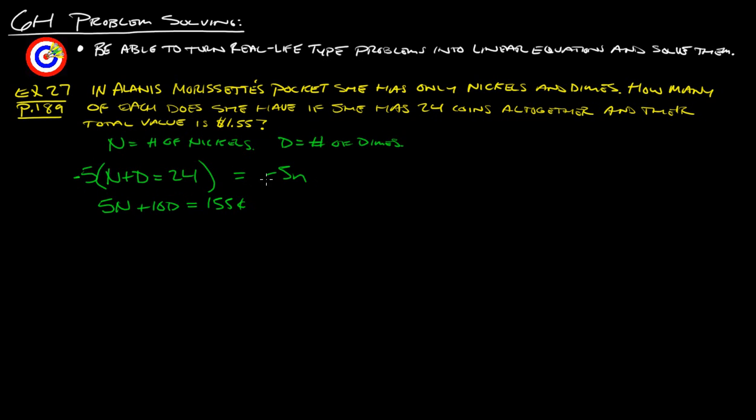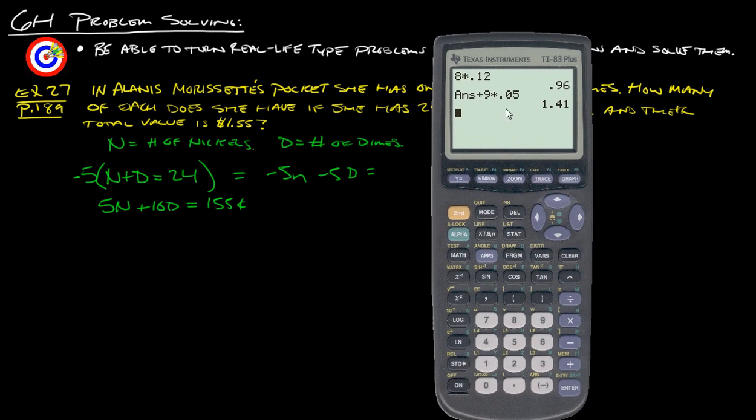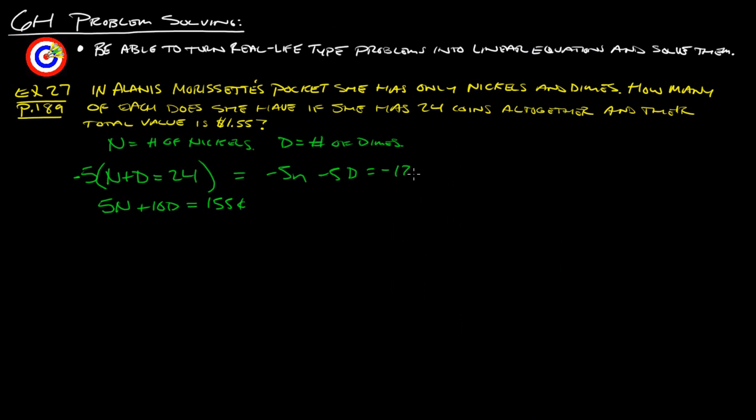So let's do that. -5n, -5 times d is -5d equals 24 times 5 is -120, right? And then I'm just going to bring this one straight over. 5n plus 10d equals 155.